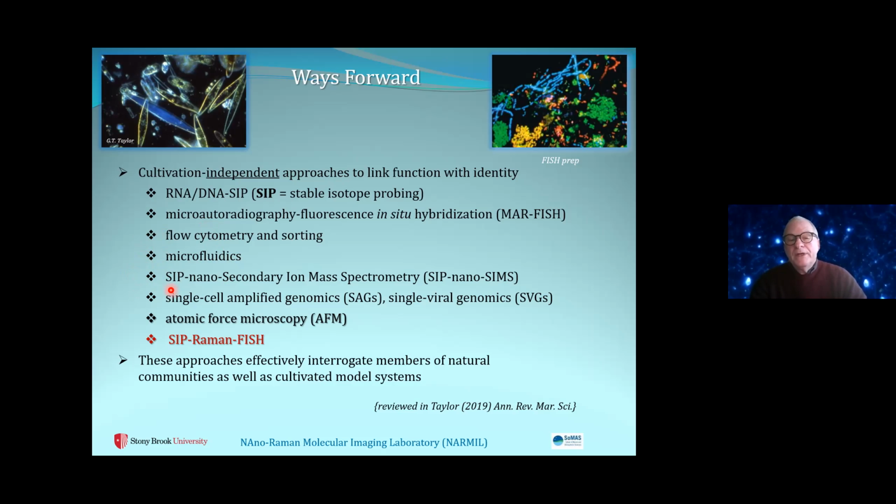Single cell amplified genomics has taught us a lot about how heterogeneous microbial populations are. We even have folks that do single viral genomics, one of whom I'm collaborating with these days. Another tool that we use, but I really won't discuss, is atomic force microscopy. I will show a few data or figures from AFM.